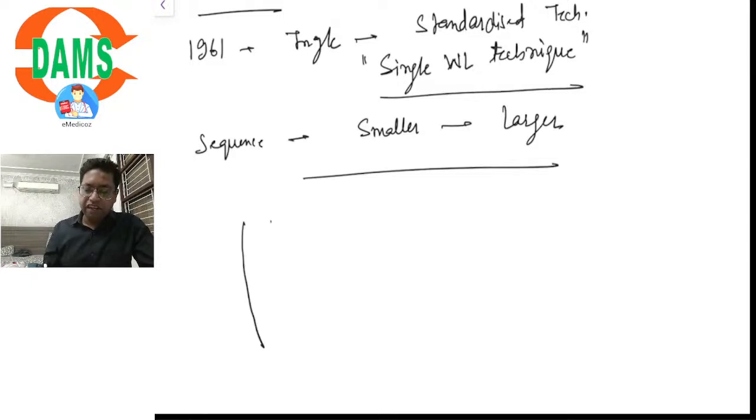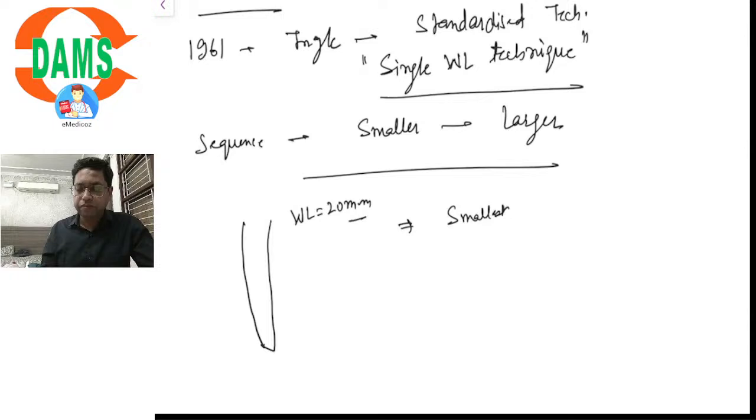Suppose this is the root canal that we have to prepare, and suppose the working length that is determined is 20 millimeter. Then we would take the smallest file to bind at the working length. Suppose that is number 20 K file.